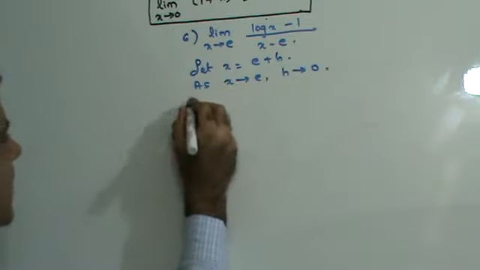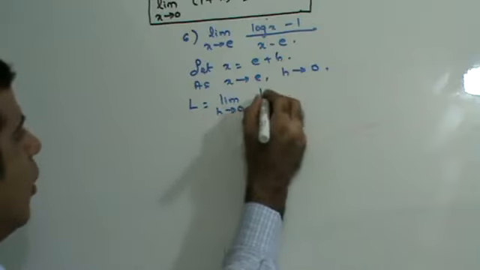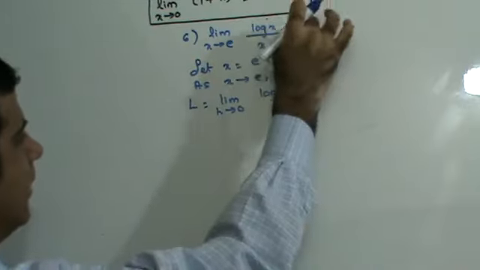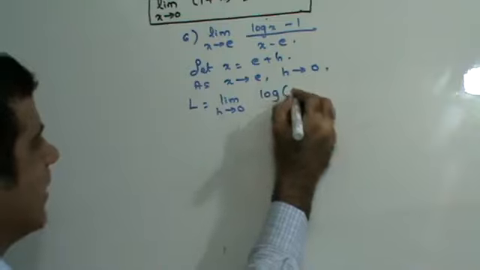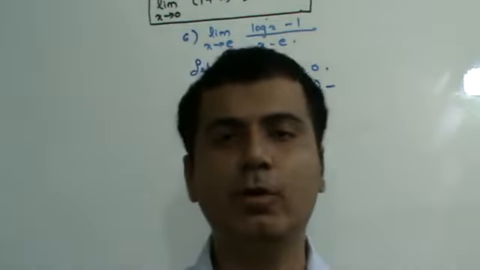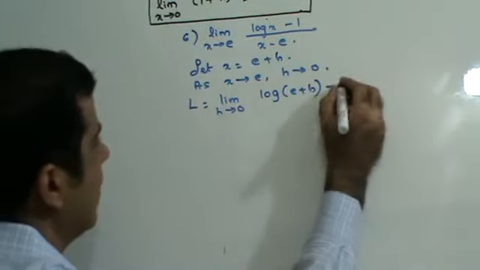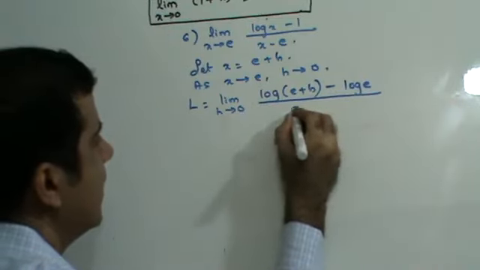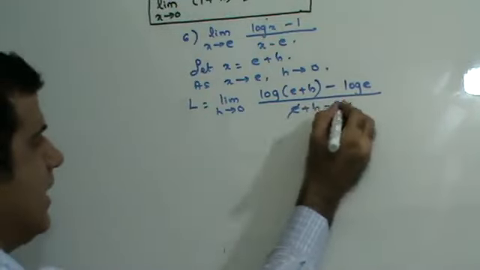This can be written as L is equal to limit of h tends to 0 log x minus 1. Log x can be written as log of e plus h, minus 1. Since we know log e is 1, I can write 1 as log e. I am substituting the value of 1 as log e upon e plus h minus e. e and e get cancelled.